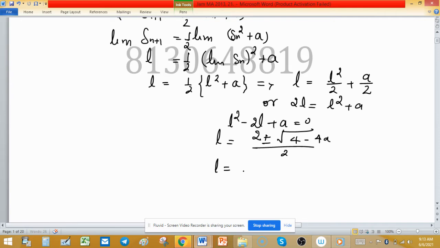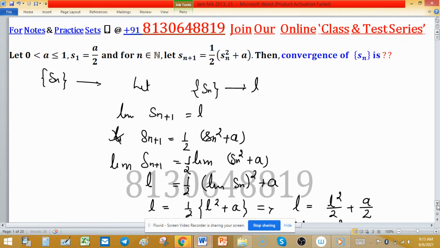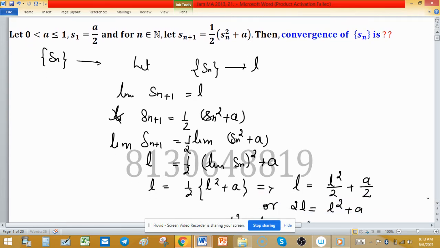So L equal to 1 plus minus square root of 1 minus a, this is L, but L is less than 1. Why? I am saying that somehow we have to check whether this sequence is increasing or decreasing, meaning we have to check the monotonicity of this sequence.